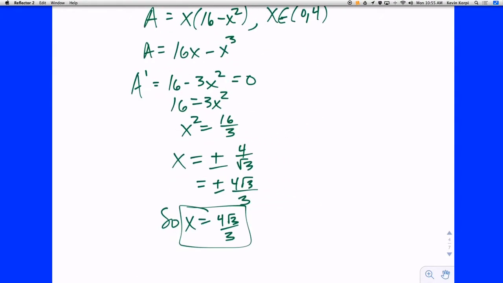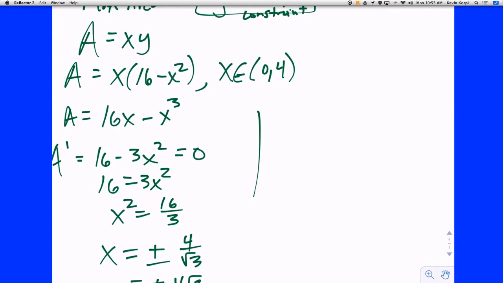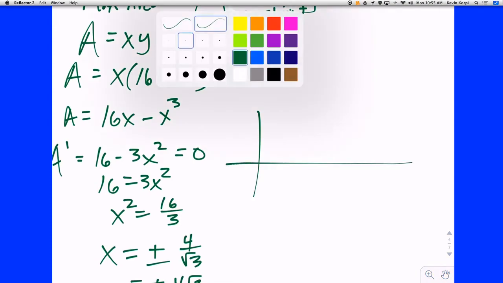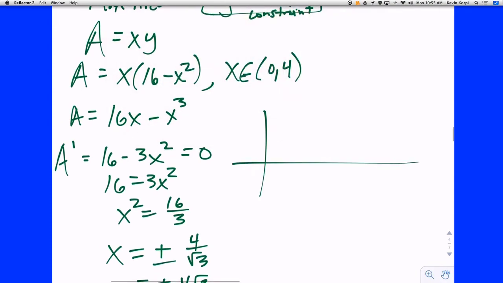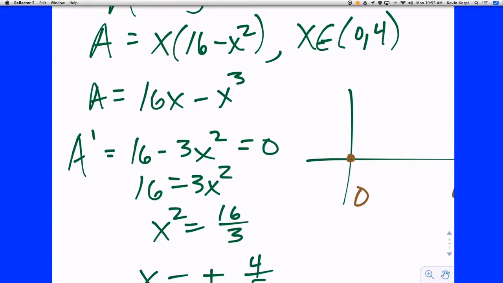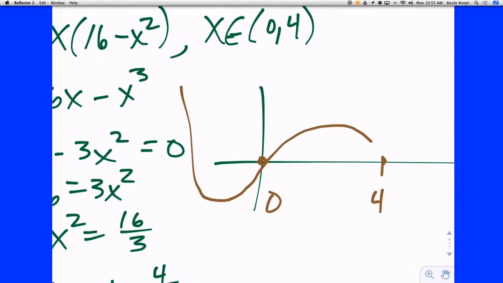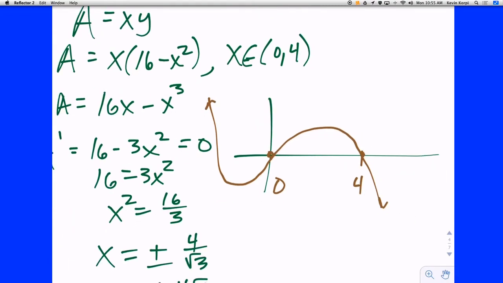Now, let's see if we can figure out what the graph of the cubic looks like. The cubic is going to have a negative leading coefficient, so it's going to look something like this. There's 4, and it looks something like that. That's what the cubic looks like. So notice the domain of the cubic polynomial is all real numbers, and the range is all real numbers.